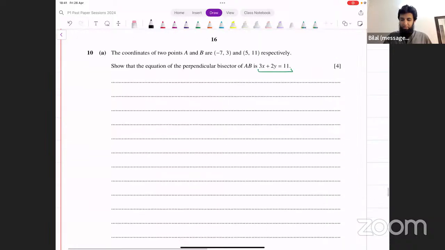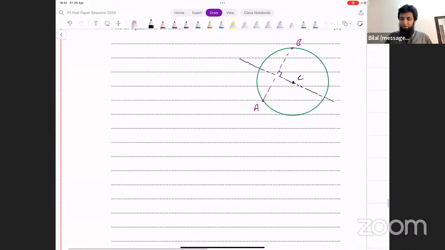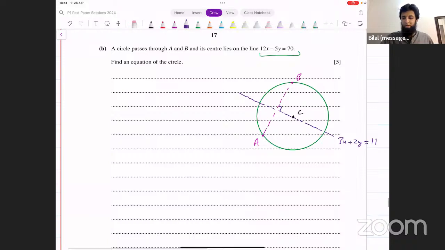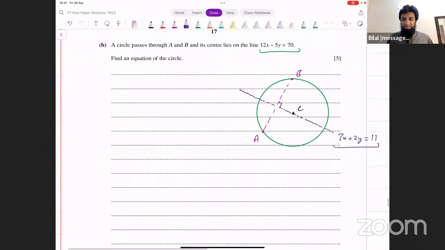So this equation 3x plus 2y equals 11, the equation of the perpendicular bisector that you found in the first part, this line also passes through the center. So that line passes through the center, and you have another line that passes through the center. You can find the coordinates of the center by solving this equation and this equation simultaneously, because they will be intersecting at the point C.